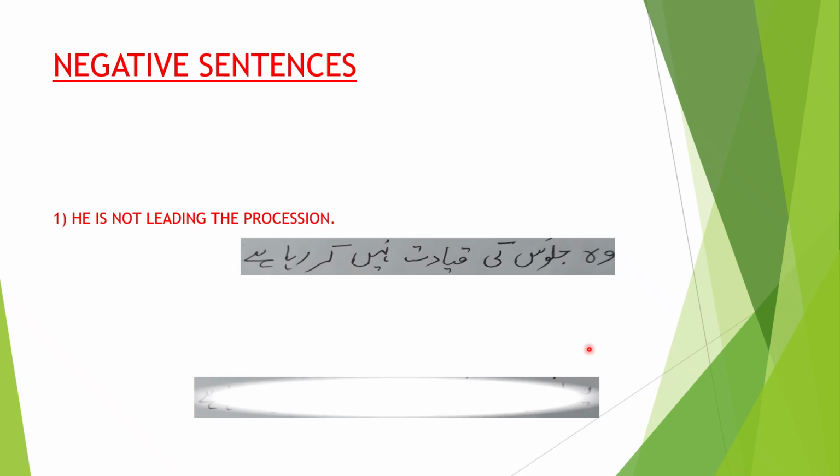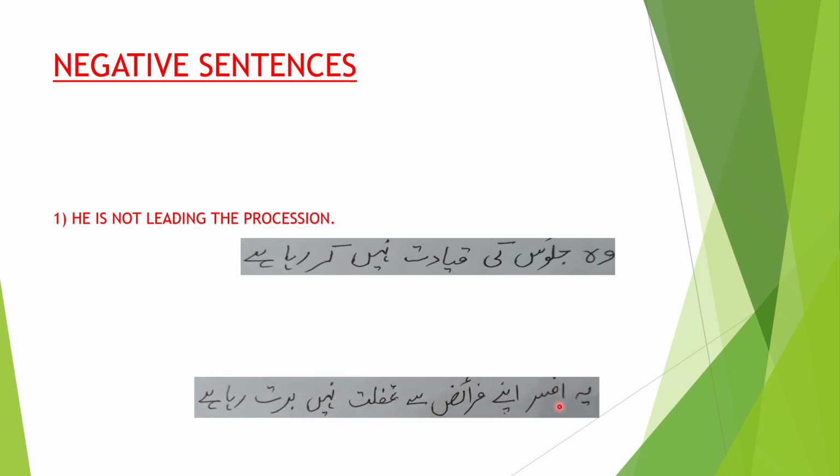The next example from your book is ye afsar apne faraiz se ghaflat nahi barat raha hai. Again you can see raha hai showing present continuous tense. Nahi indicates it would be in negative structure. Looking at the vocabulary, afsar, officer, faraiz, duties, ghaflat, neglecting.